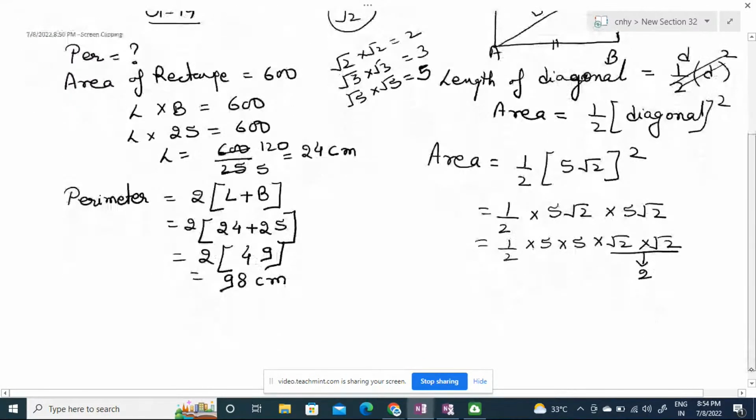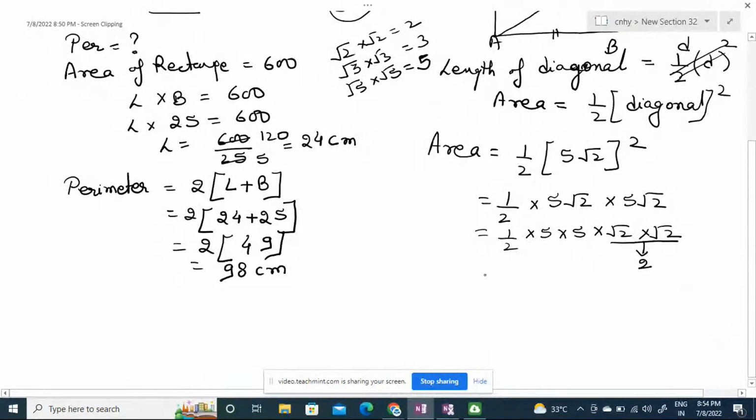These are called irrational numbers. It is the syllabus of higher classes, but it is given in your textbook, that's why I am explaining to you. So 2 and 2 get cut, and area becomes 25 centimeters square. Okay, just note it down.